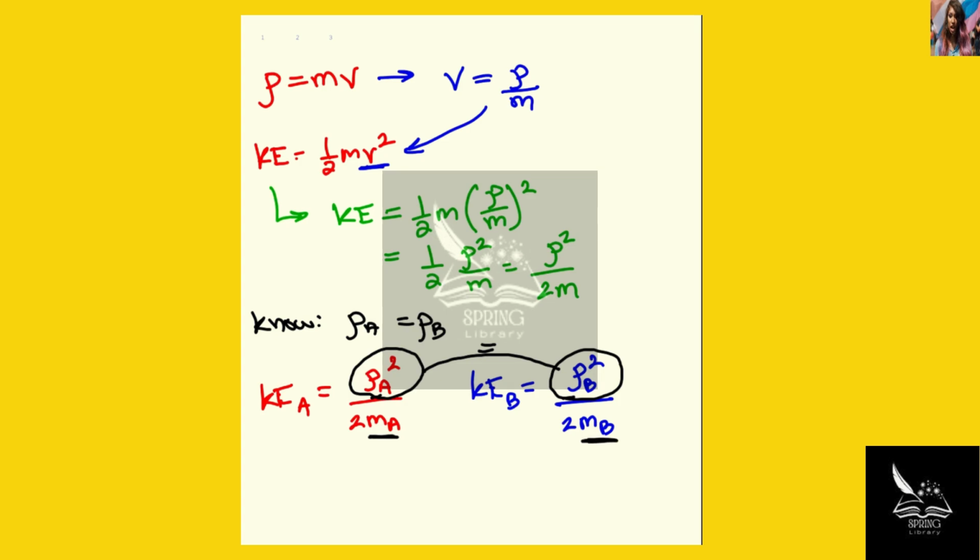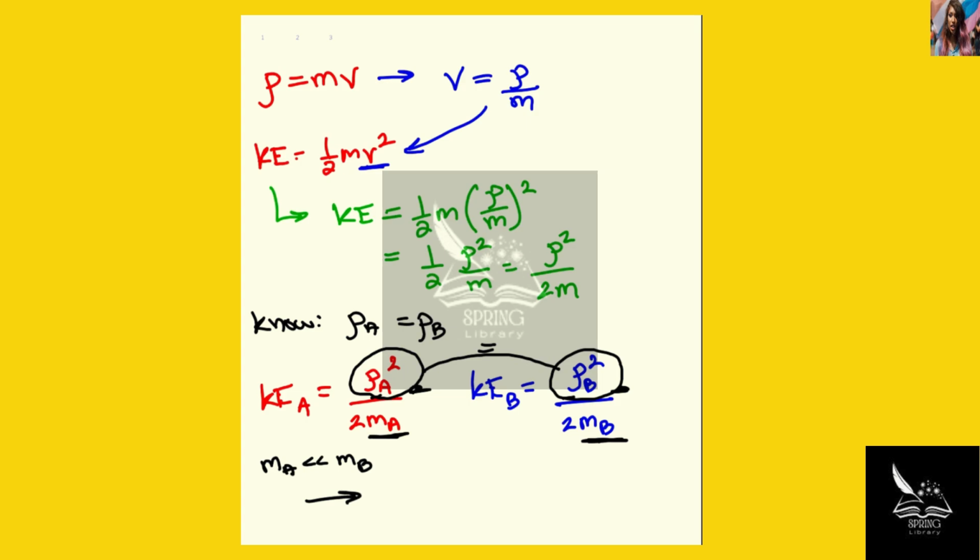So let's imagine a case where mass A is far less than mass B. Well, if you divide the same number by a small number, you're going to get a bigger number as a result than if you divided that same number by a bigger number.